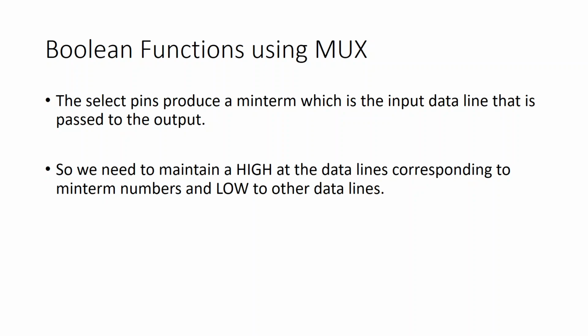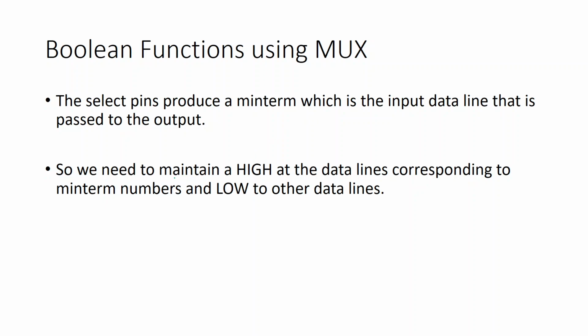So if you know that I need to have this particular min term as high, so my Boolean function requires that this particular min term is high, so I should judiciously select the input data lines to be kept high all the time, and whenever that particular min term selection, the binary combination, comes at the selection input, that particular high signal will get passed to the output.